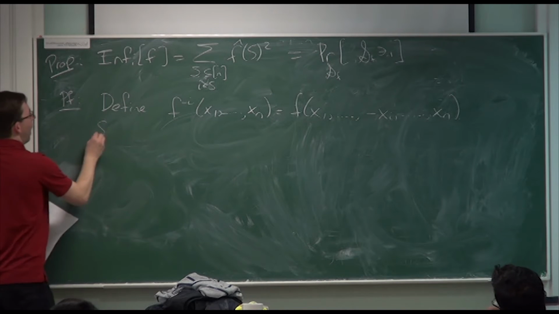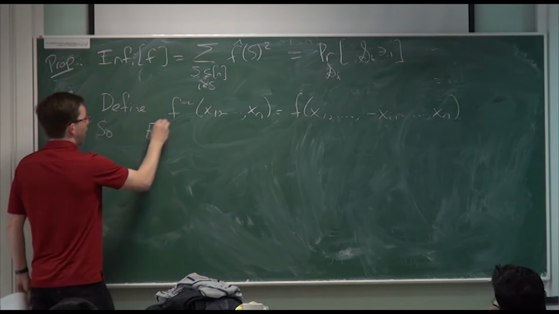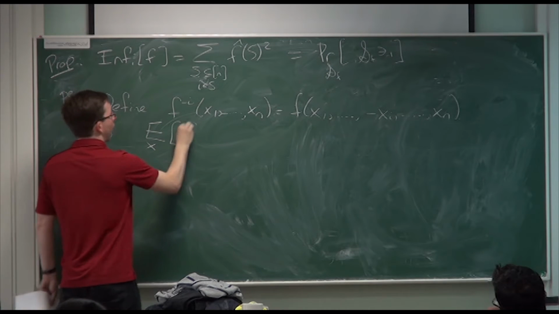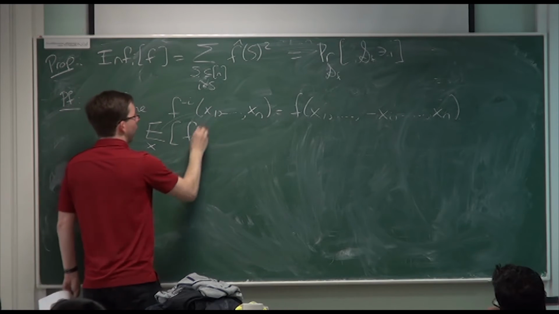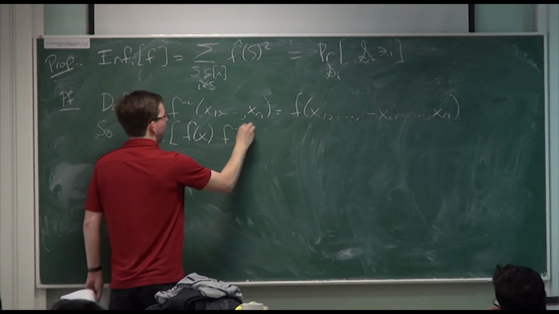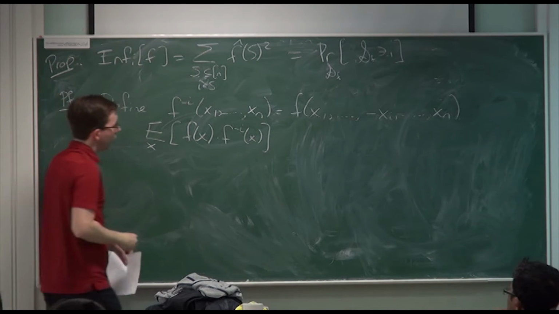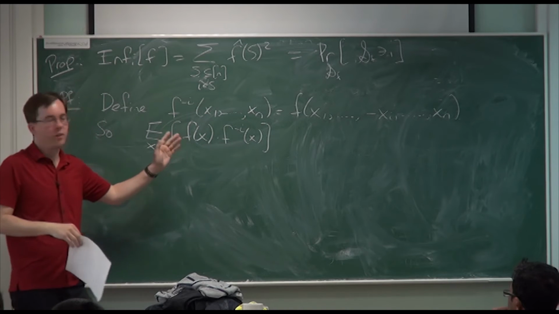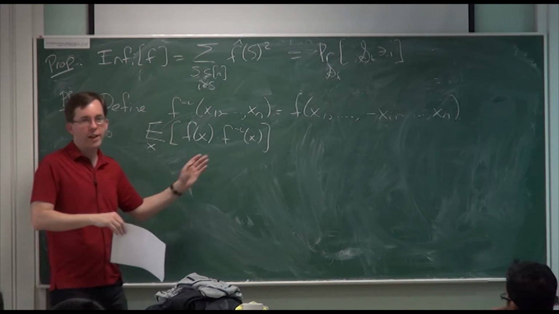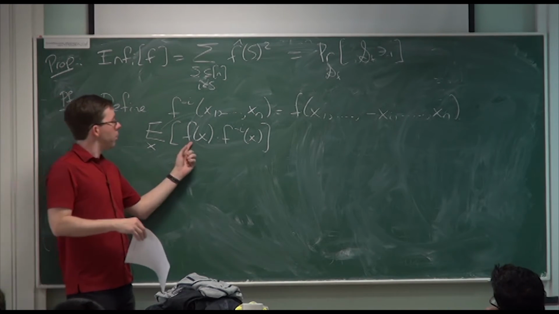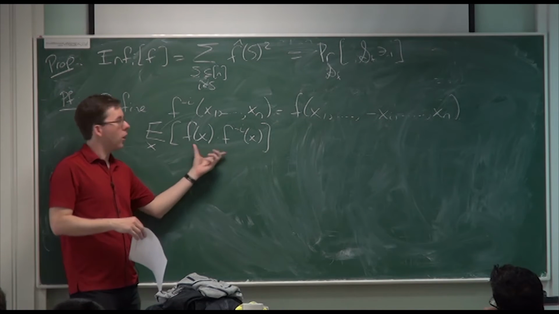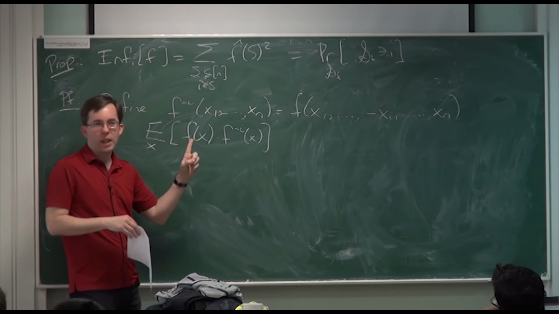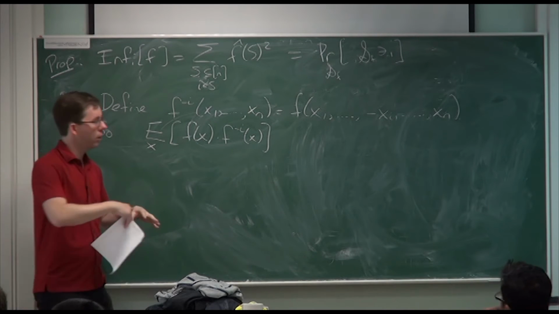And now let me look at the expectation over a random x of f of x times this f minus I of x. For a second, just think of f minus I as some other function, g. So we're looking at the expected value of f of x times g of x. Again, these are both taking values plus or minus 1. So this whole product is 1 when they're the same, and minus 1 when they're different.